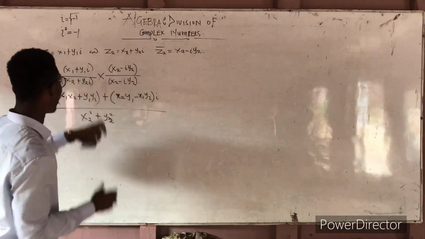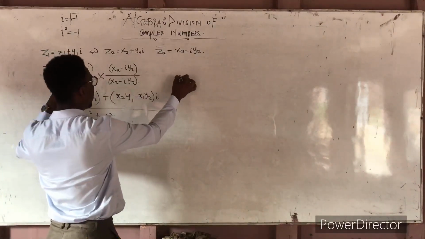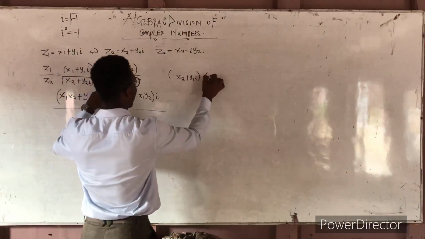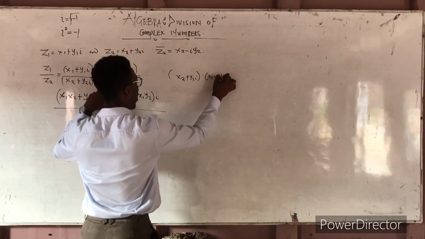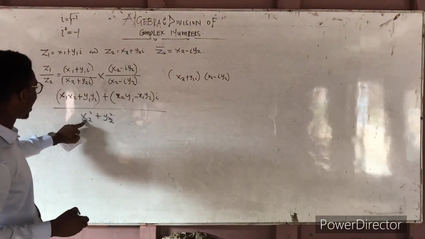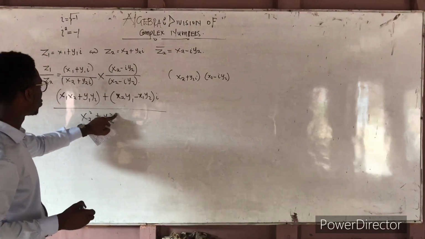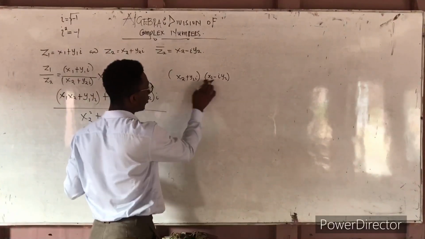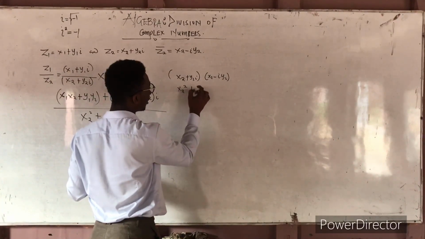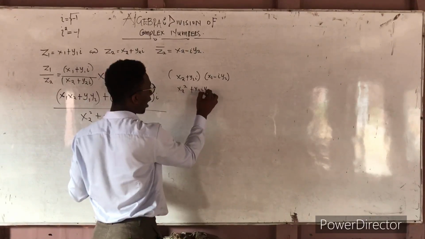So we can check on this one too. The denominator is x2 plus y2i multiplied by x2 minus i y2. Check on these two also. You'll be getting x2 squared plus y2 squared. So what do you get here? Here you get x2 squared plus x2 i y2.